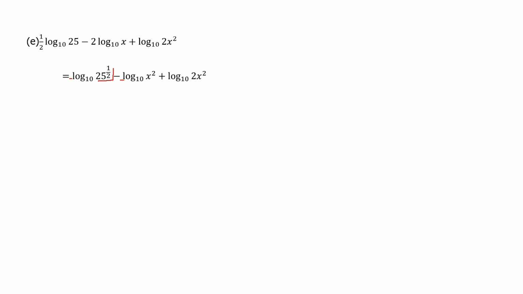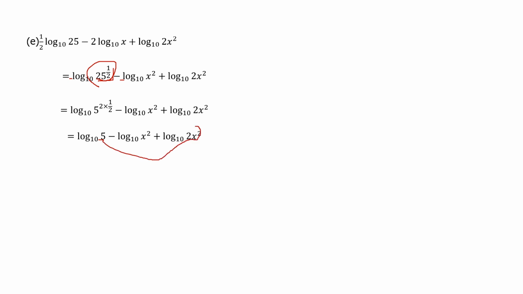The 25 power half is like the square root of 25, or here the 25 is the same as 5 power 2, then times the power half, then we get that one as a 5, or someone can just say that is the square root of 25, which is just a 5. Now we are going to multiply this 5 times the 2x squared, then lastly divide by the x squared there, which is this.